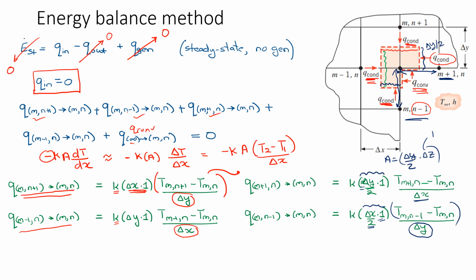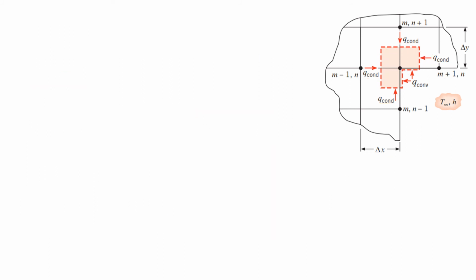That's why I've taken this example, so that if you get such problems in future, you know what area to consider and what length to consider. So now we have the four conduction terms. We still need to find out what our convection term is. So let's look at that.